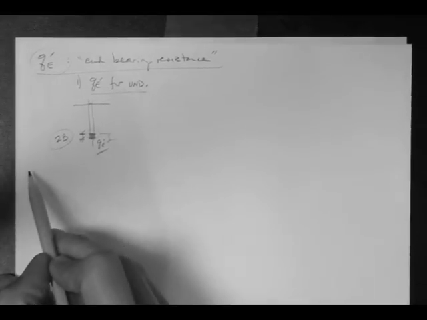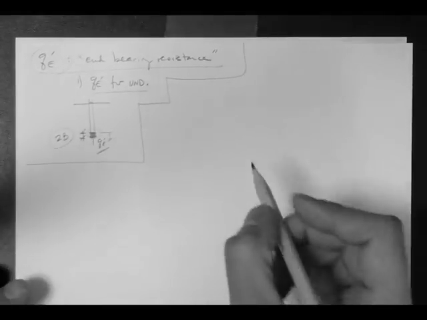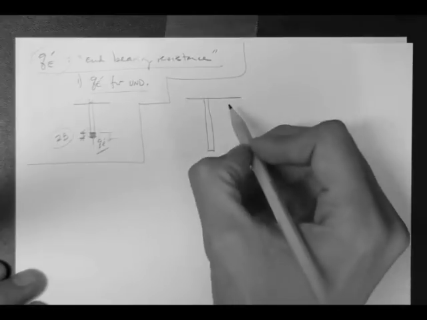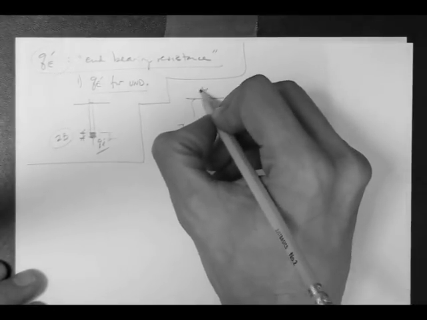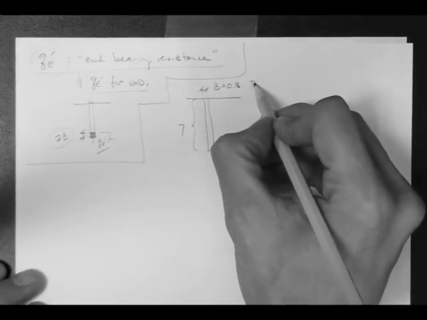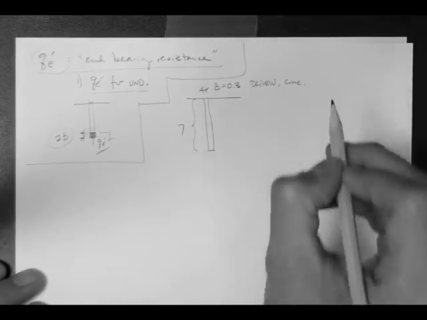So very simple, right? What do you do? Well, let's do an example. In fact, we can just do it right here. Let's say that you have a pile. This pile is 7 meters long. Let's say again that the B is 0.3 meters and it's a driven concrete pile.